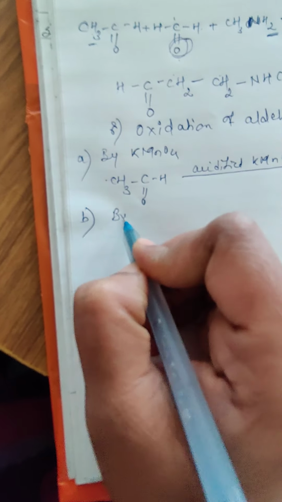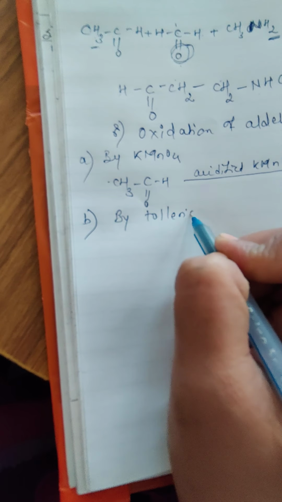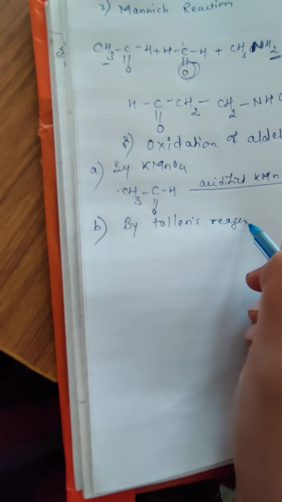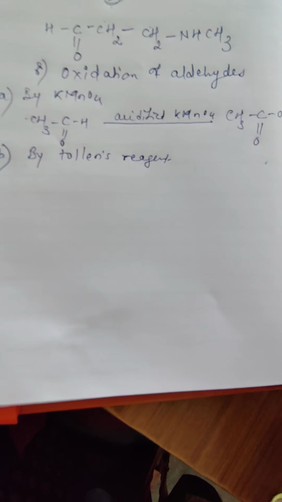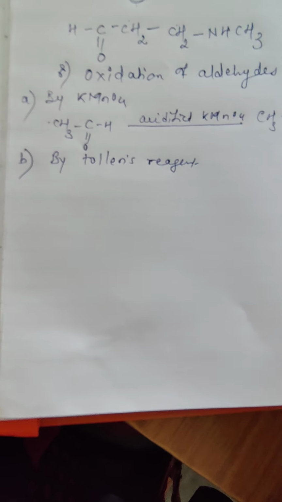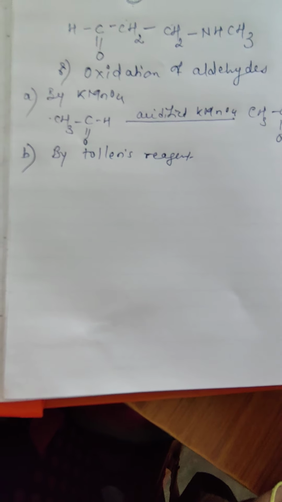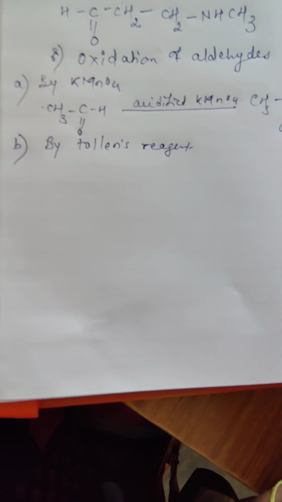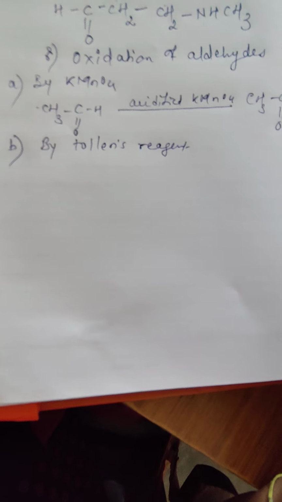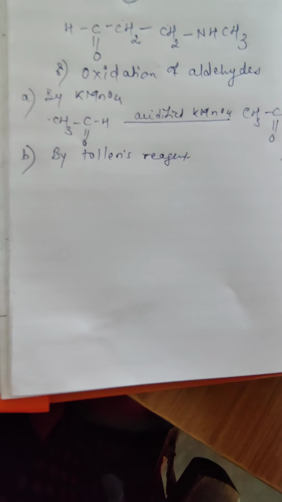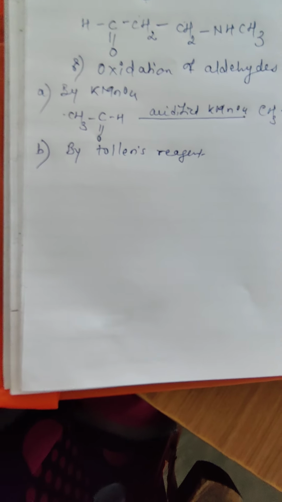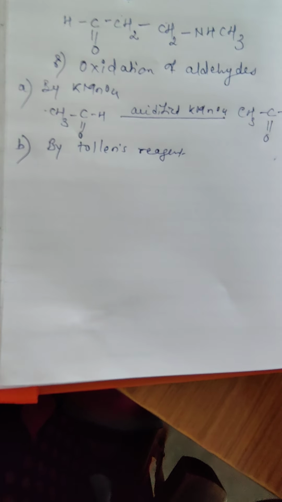The second reaction is oxidation by using Tollens reagent. Now when aldehydes are heated with Tollens reagent, this you already did in your experiment. If you recall, when aldehydes are heated with Tollens reagent, they undergo an oxidation reaction to form the corresponding carboxylic acid, and at the same time you get a silver mirror there. Okay, if you remember.